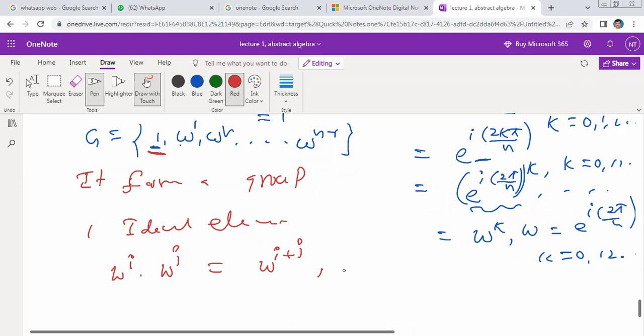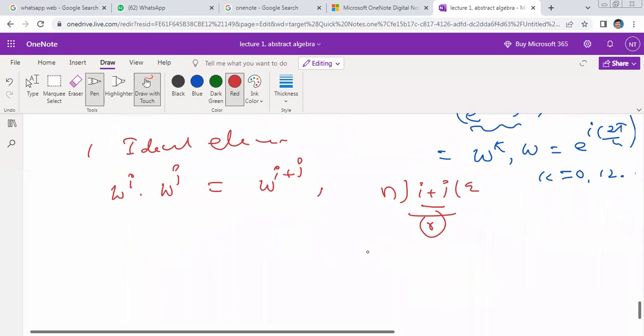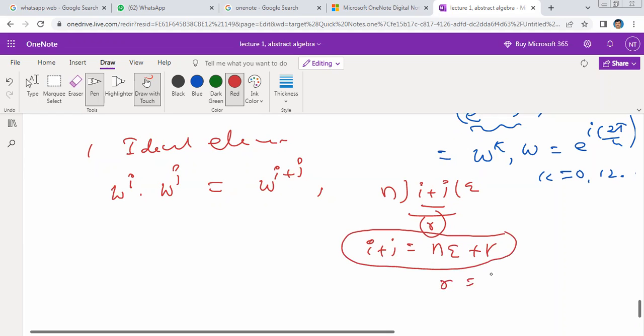Then omega power i plus j can be divided by n, with some quotient q and remainder r. By the remainder theorem, i plus j is equal to nq plus r, where r is equal to 0, 1, 2, 3 up to n minus 1.